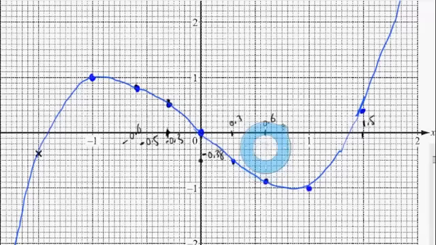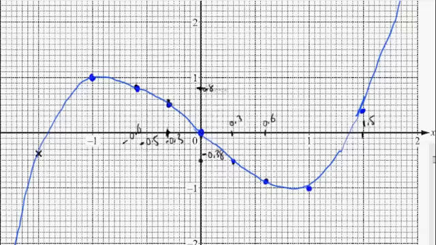Every block's increment 0.1, 2, 3, 4, 5, 6, 7, 8. So this is 0.8.